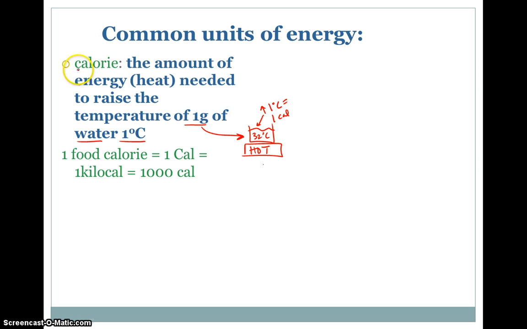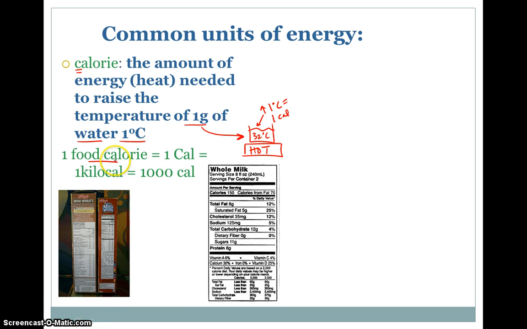Now this chemistry calorie with a little c is a little bit different than the food calorie you guys see on the food labels that you eat. A food calorie is written with a big capital C because a food calorie is actually 1,000 of these little chemistry calories. So if you see a lowercase c, it means chemistry calorie.